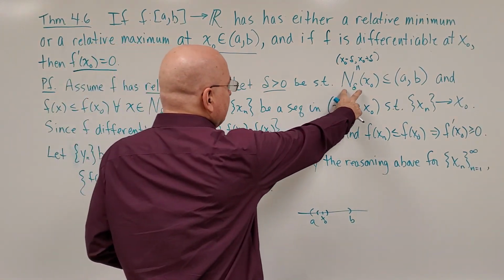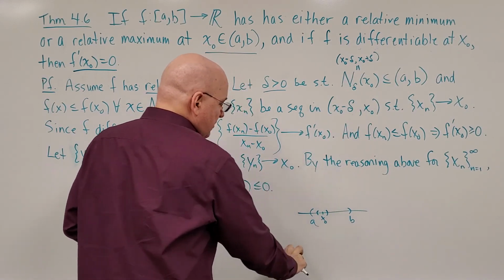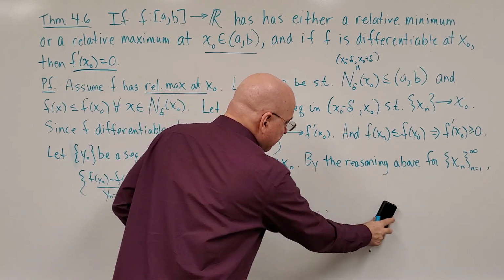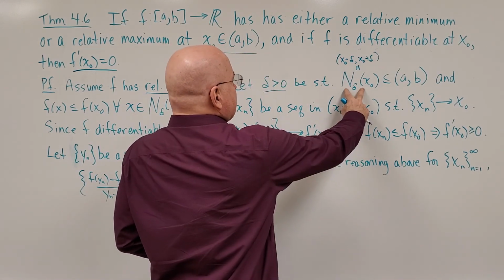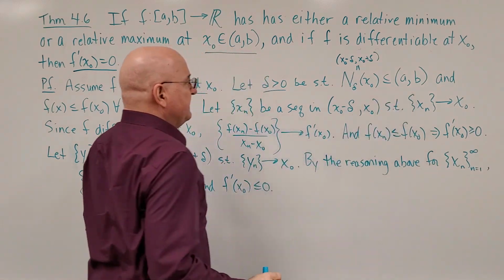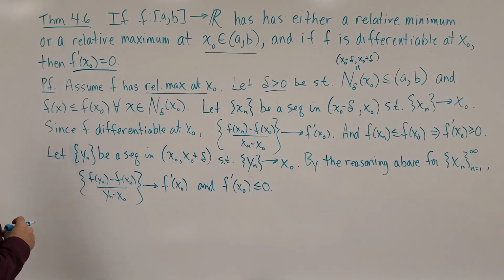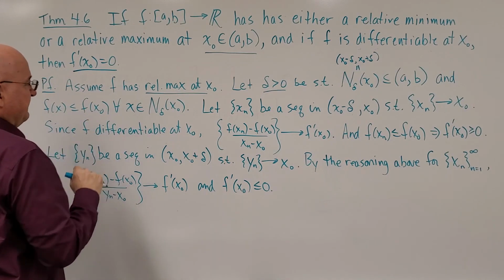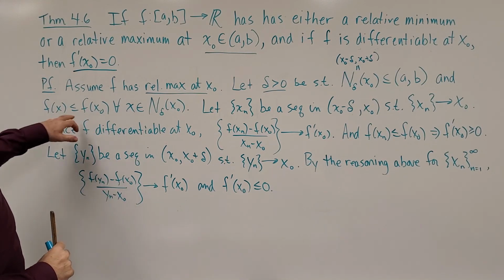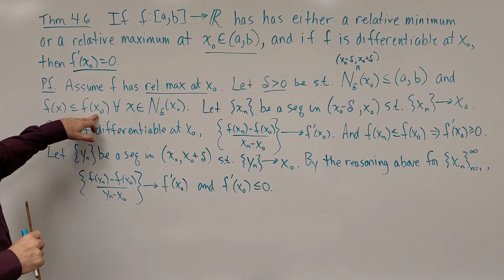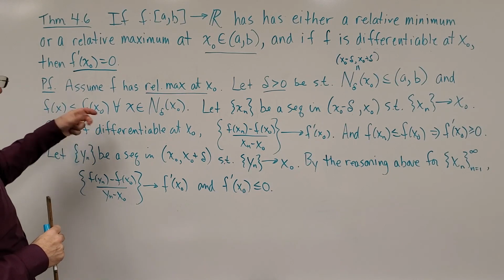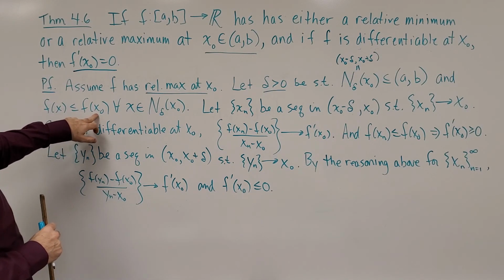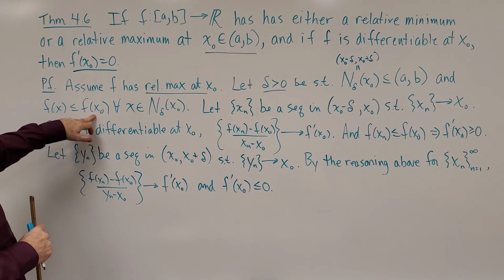That's all this little neighborhood is, a delta neighborhood around x naught. So that neighborhood is completely contained inside the interval (a, b). And f of x is less than or equal to f of x naught for all x in that neighborhood. We can do this because f of x naught is a relative maximum, so there's some little window around x naught where this is the maximum value.